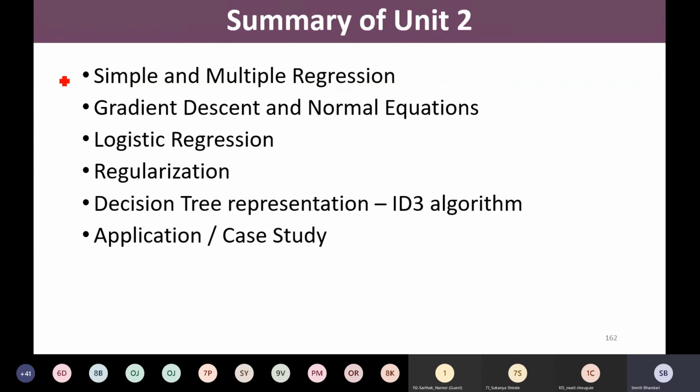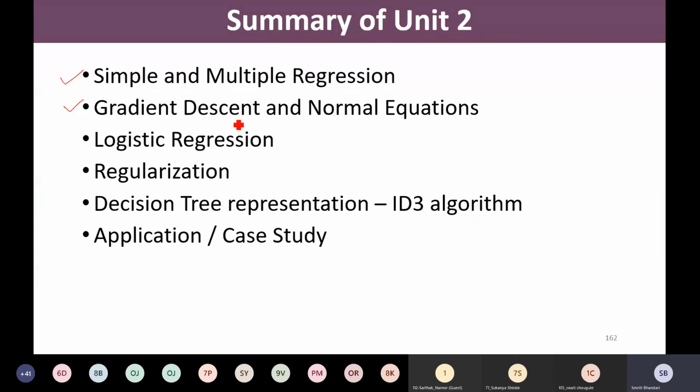Initially, we went through the concepts of simple and multiple regression. We dealt with gradient descent and normal equations. Gradient descent is the optimization algorithm that we used with regression, and the alternative method we discussed for regression was the normal equations.